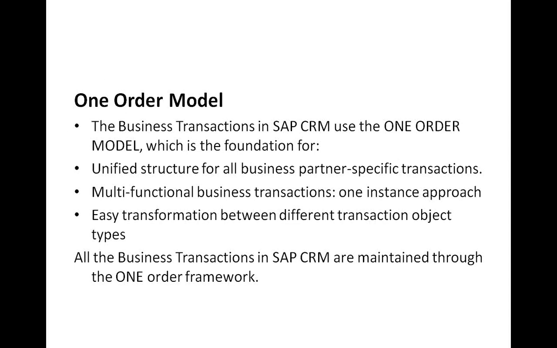Unified structure means what? In ECC, if you want to create a sales order, you have a different transaction code. If you want to create an opportunity, you have a, I'm not sure ECC has opportunity. If you want to create a billing document, you have a different transaction code, and the screens developed for that transaction code are also different.